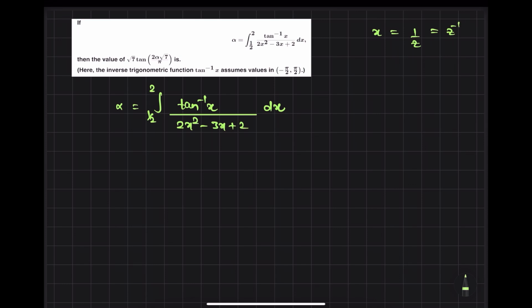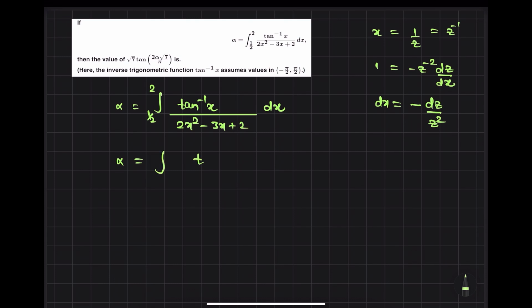So let's differentiate x. Differentiation of x becomes 1. Differentiation of z power minus 1 becomes minus z power minus 2 dz by dx. So can I write dx as minus dz by z square? Now let's simplify things.